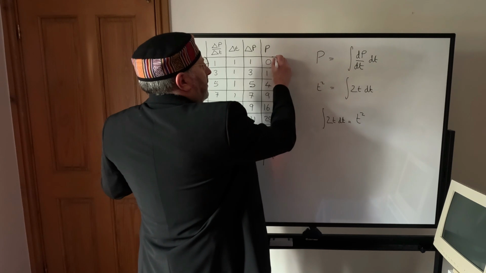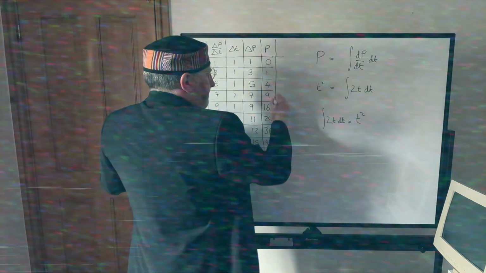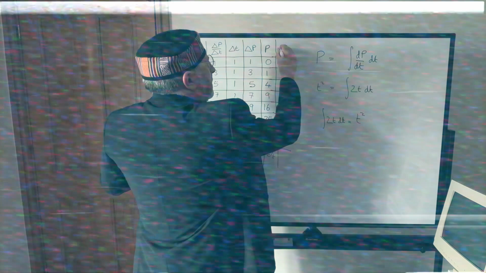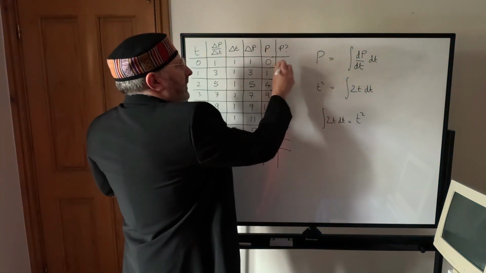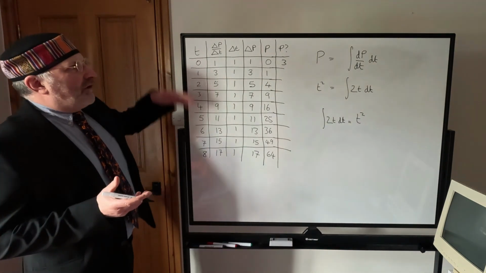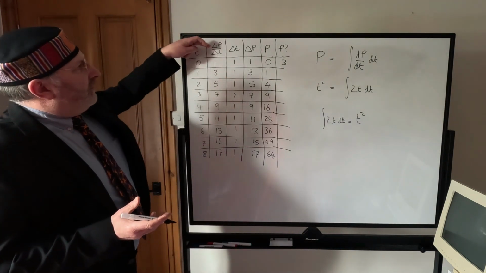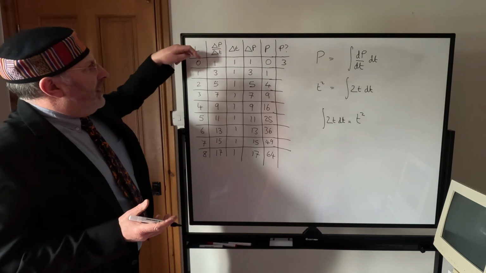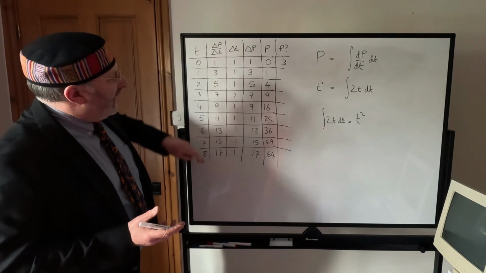So let's just put another column on here. That's p, question mark. It might be, supposing that the population of the world was already 3 when it started. But it still increased dp by dt by these values.